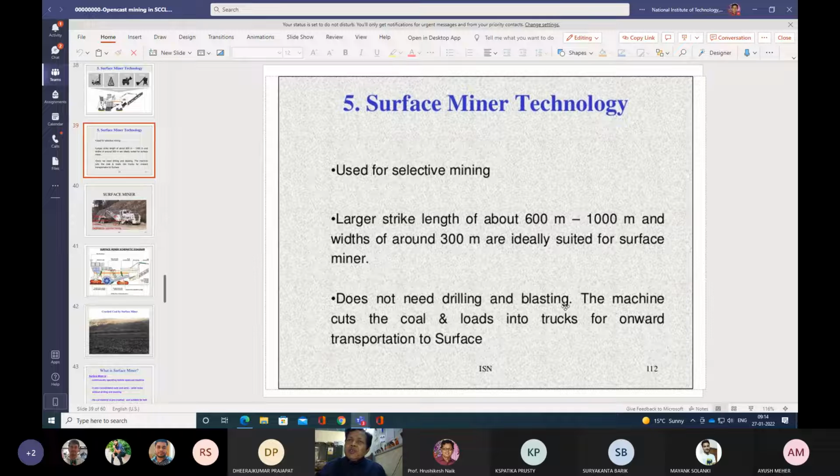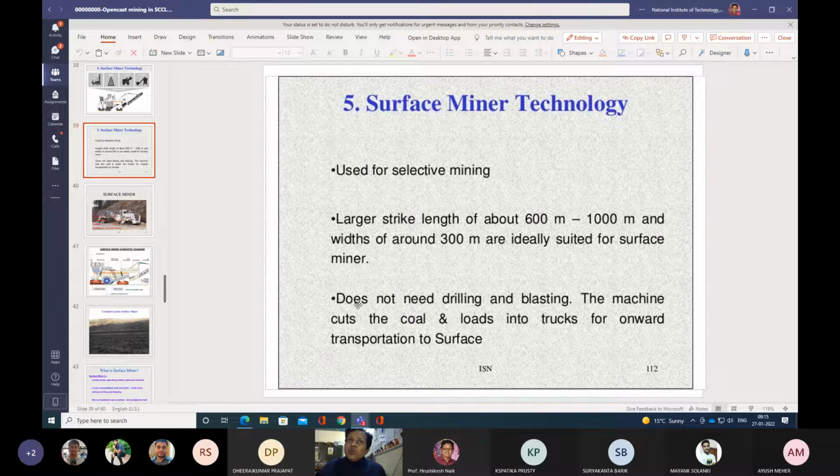You don't need to use explosives, and there is no problem of fly rock. Whatever problems are associated with blasting will not be there in your mines. So drilling problem will not be there, blasting problem will not be there.